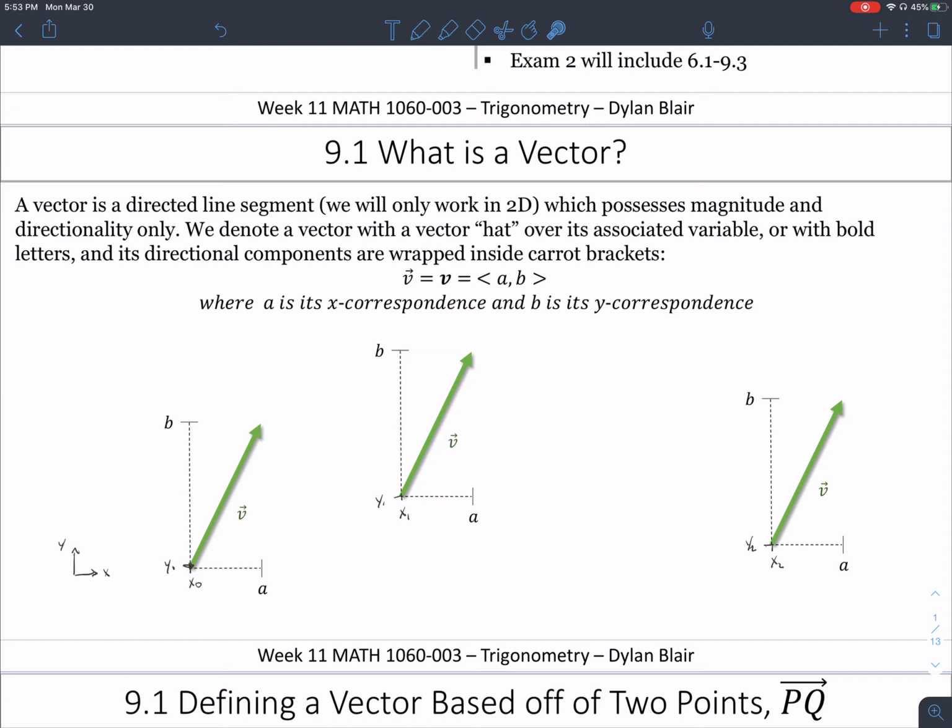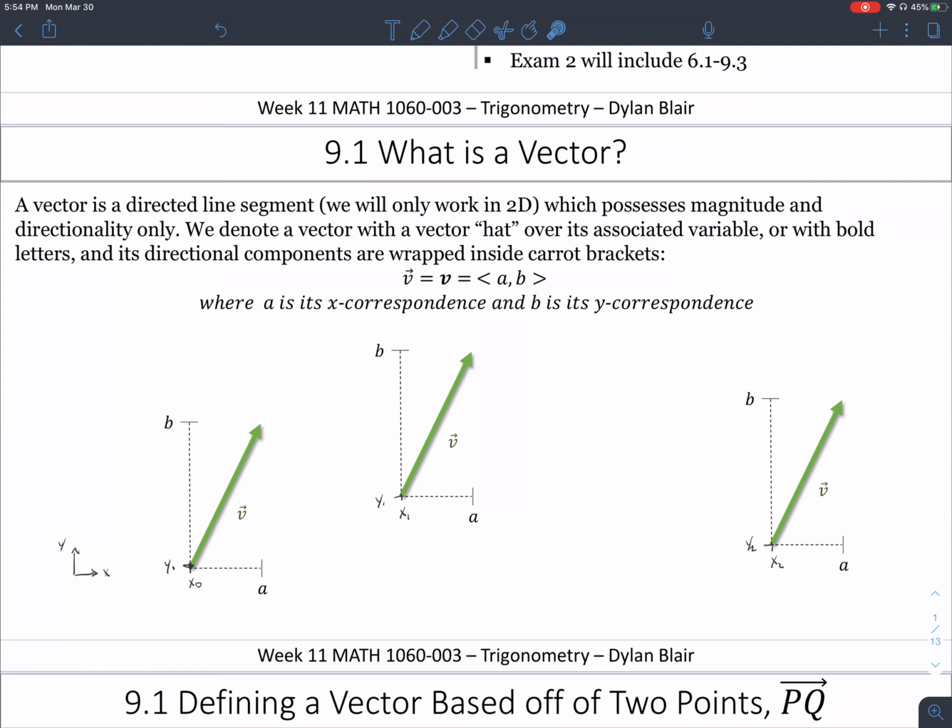Now we denote a vector with a vector hat, and that's what I have drawn right here. It's our variable v for a vector with a vector hat on top. And it's also common to see bold letter notations. That's going to be more common in text, so in textbooks and literature, which we have right here.